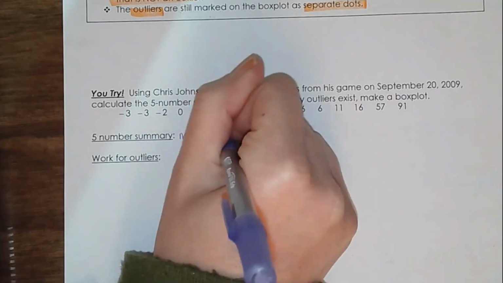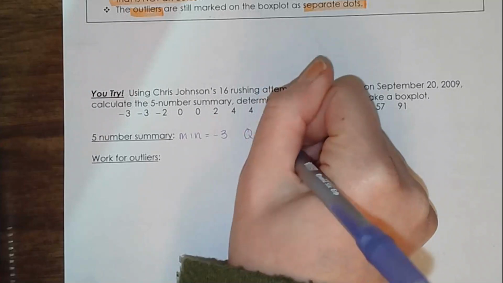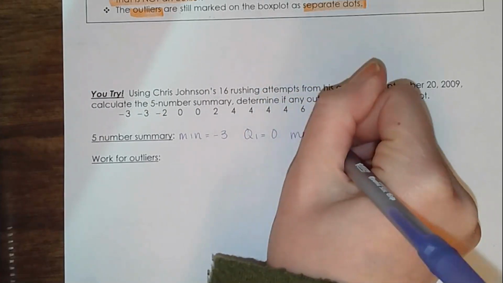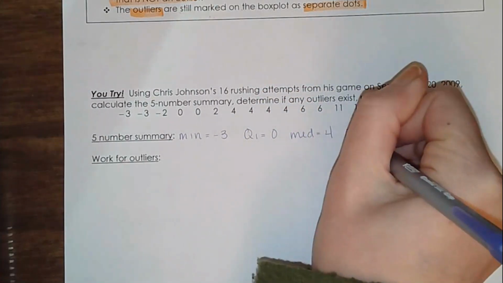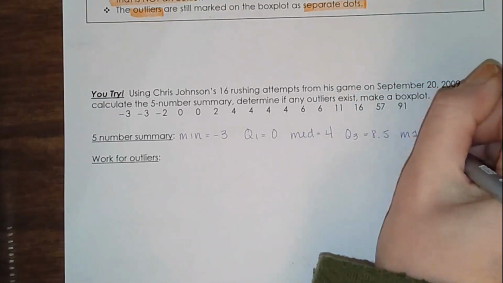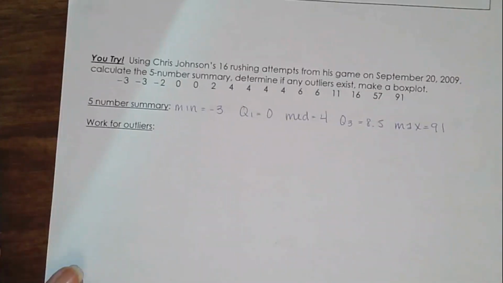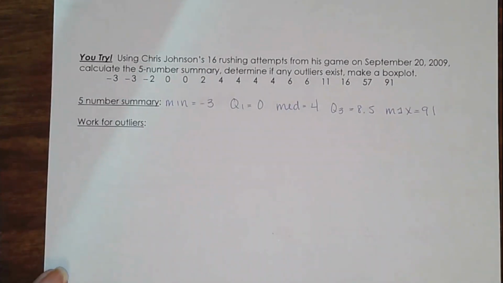So your minimum was -3, your quartile 1 was 0, median was 4, quartile 3 is 8.5, and max is 91. Okay, we're gonna do the work for outliers, because if there's outliers, we're gonna have to mark them separately in the box plot.